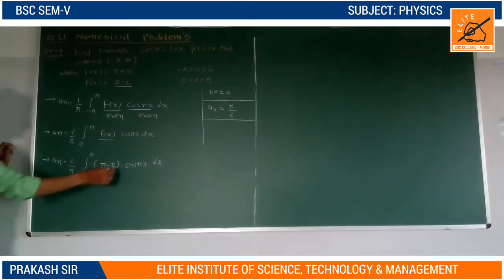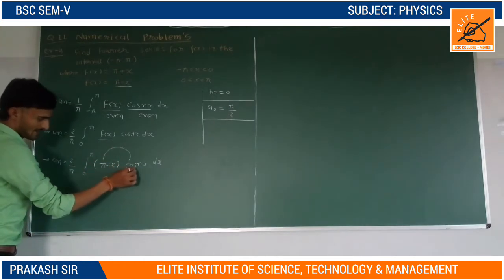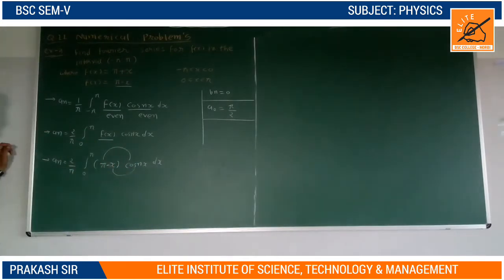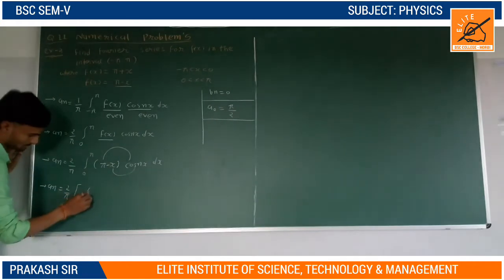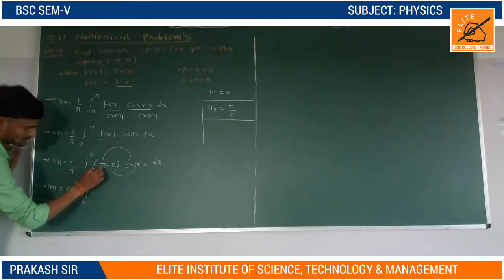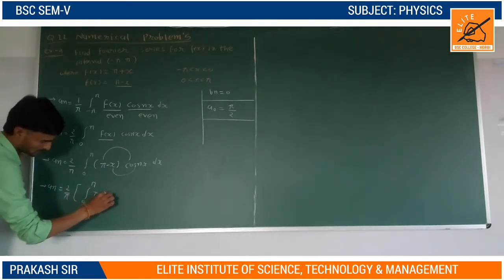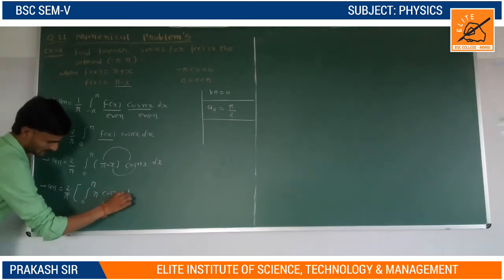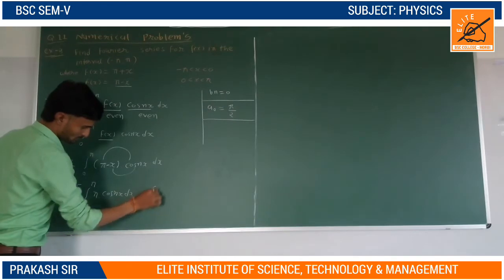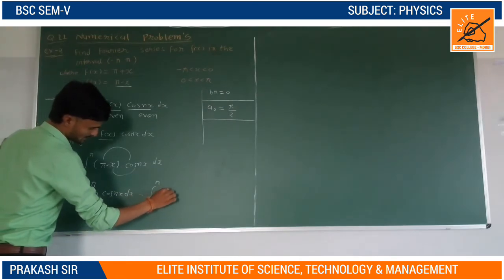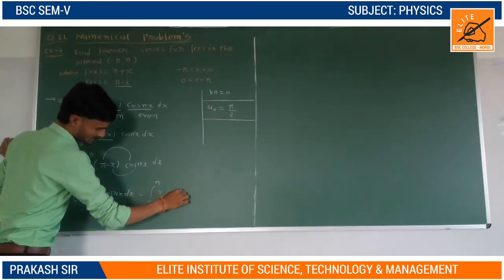Here cos nx is multiplied by pi and cos nx is multiplied by x, so split into two integrations. So an is equal to 2 upon pi, integral 0 to pi of pi cos nx dx minus integral 0 to pi of x cos nx dx.